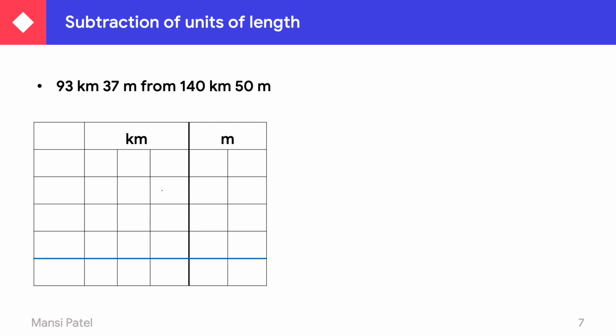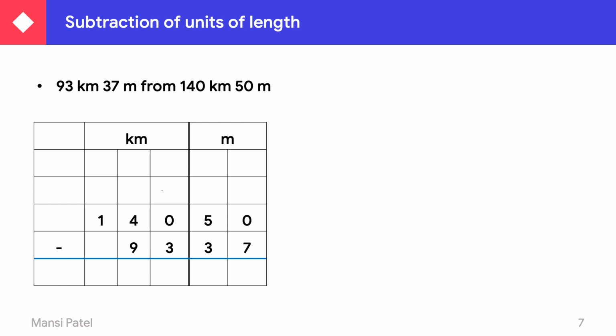The number given after "from" we write down first. So here 140 kilometer. So we write down 140 kilometer. And how many meters of that? 50 meter. What do we have to do? We have to do the subtraction. So put the minus sign. How many kilometers do we subtract from it? 93 kilometer. So write down 93. And how many meters of that? 37.